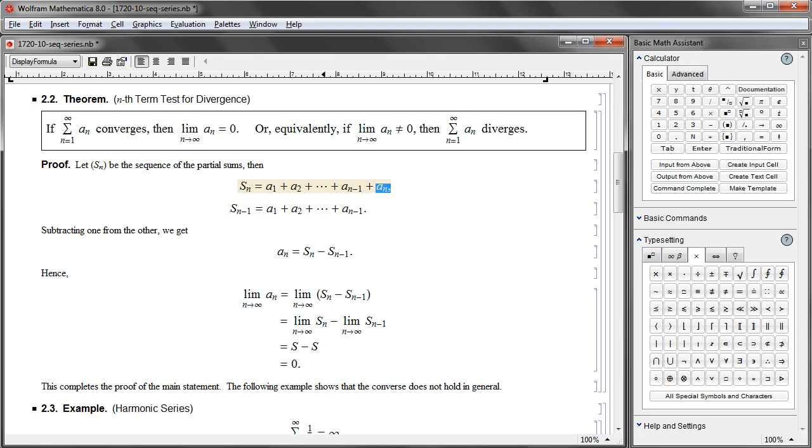So we have a_n equals S_n minus S_{n-1}. Upon taking the limit, by the limit rule, we have the limit of S_n minus the limit of S_{n-1}, but they converge to the same limit S, so we have S minus S equal to 0.